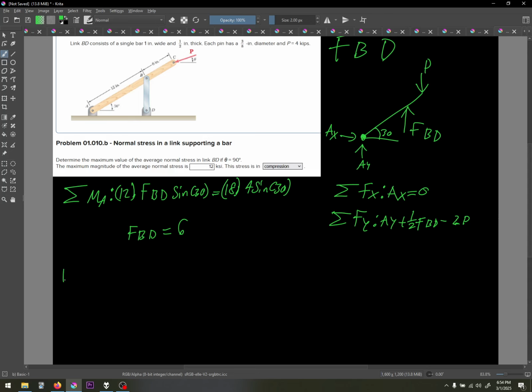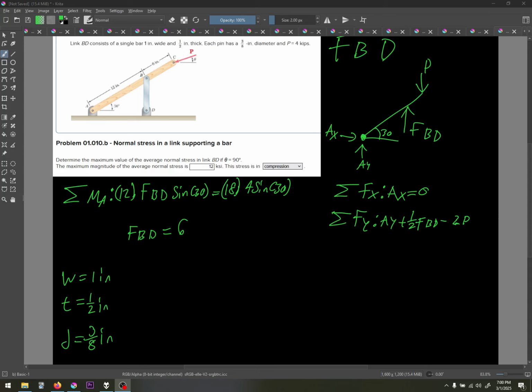Single bar is 1 inch wide, or we can say W equals 1 inch. Thickness, T, is equal to 1/2 inch. And the diameter of the pins, little d, is equal to 3/8 of an inch.